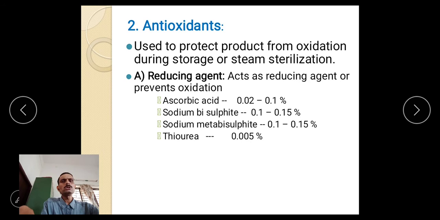First is reducing agents, which act as reducing agents, thereby preventing the oxidation. Examples are ascorbic acid, sodium bisulfite, sodium metabisulfite, and thiourea. These are reducing agents which act as antioxidants.